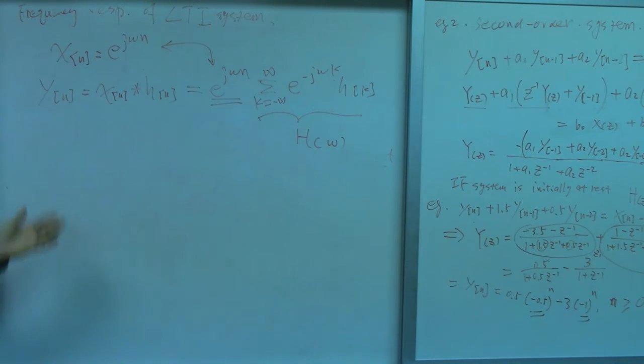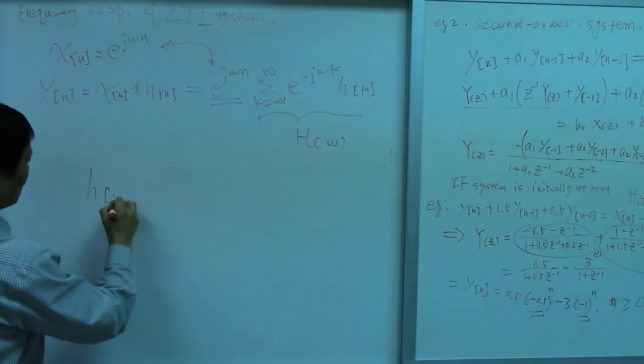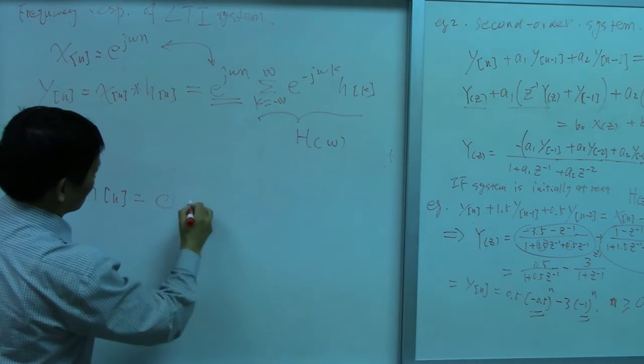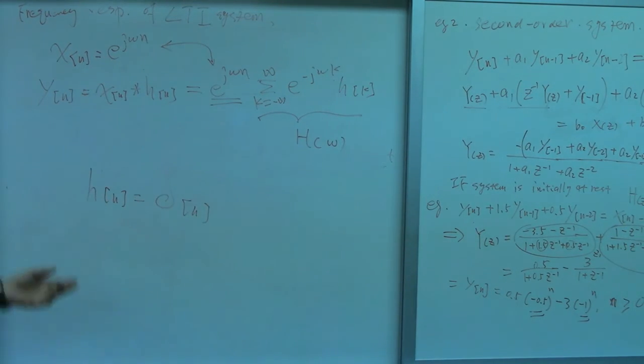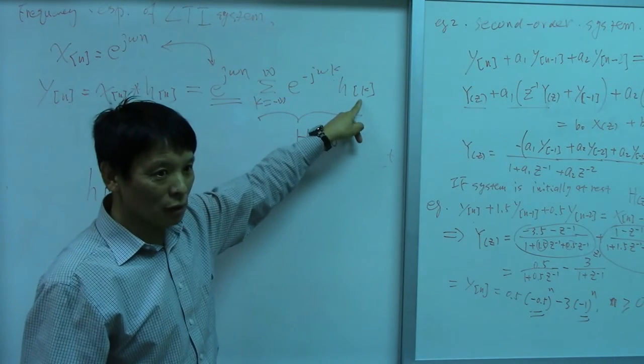After you calculate this, you can draw this picture, right? Can you do it? Suppose I give you h[n] equals this. Very simple. Can you draw this picture for me? h[n] is here. You only need this.